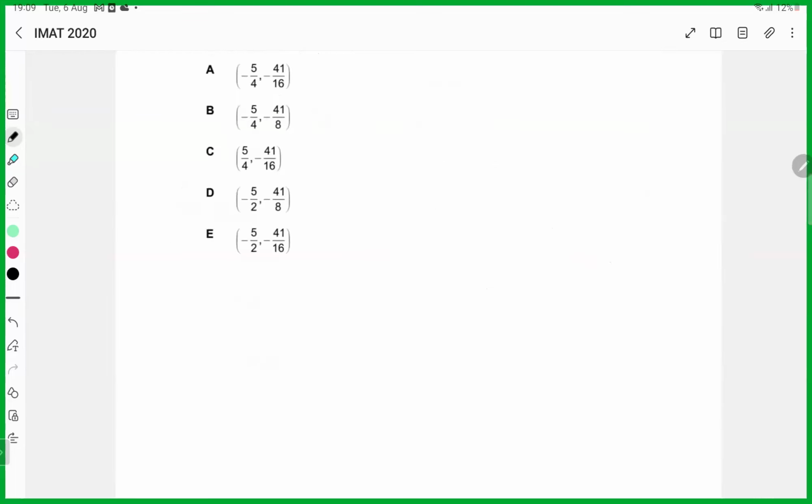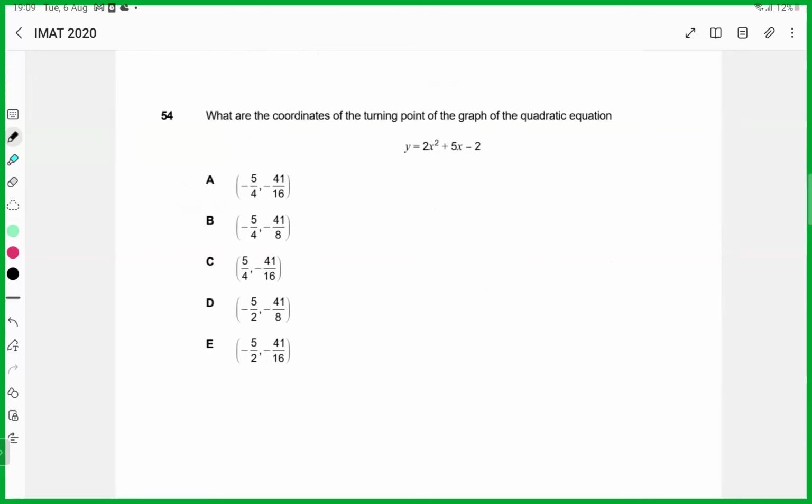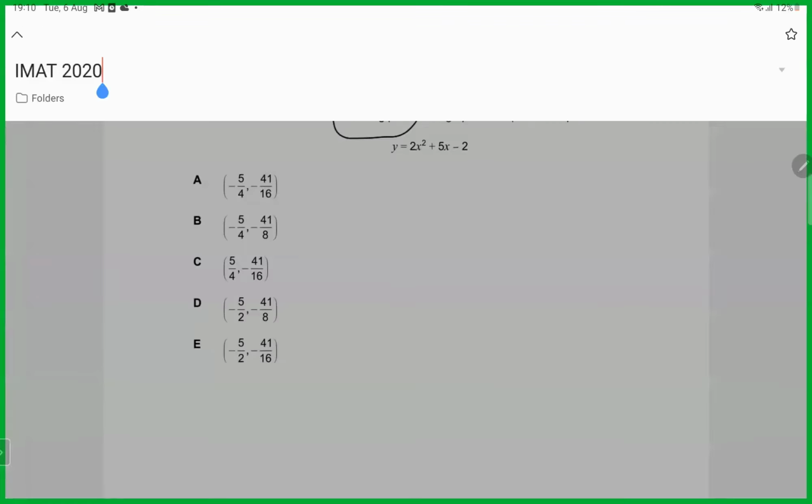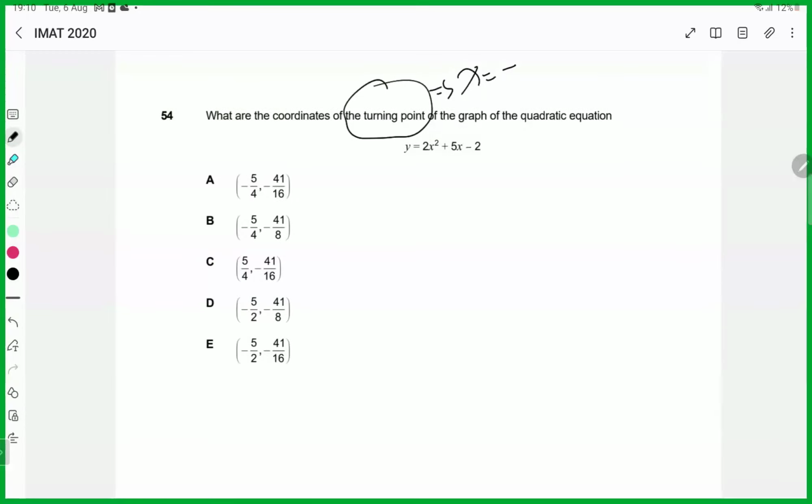54. So what are the coordinates of the turning point of the graph of the quadratic equation y equals 2x squared plus 5x minus 2? The moment you see the words turning point, take into consideration x, and memorize that turning point means x equals minus b over 2a.